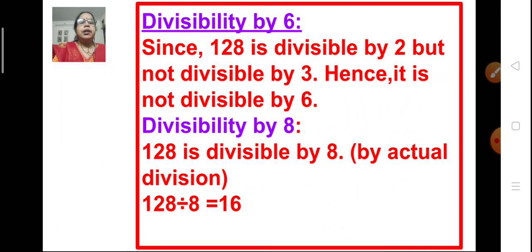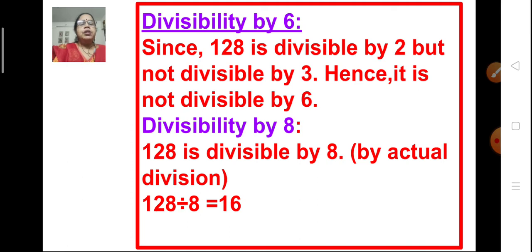Now divisibility by 6. What is the rule? If a number is divisible by 2 and 3 both, then only it is divisible by 6. And we have checked that this number 128 is divisible by 2, but it is not divisible by 3.